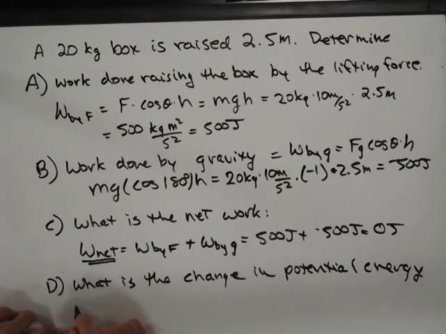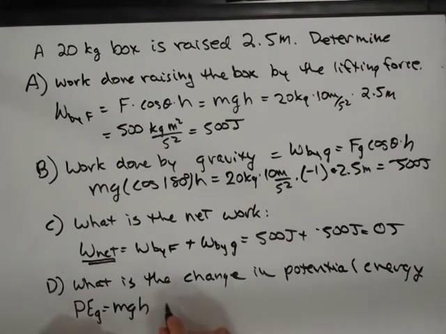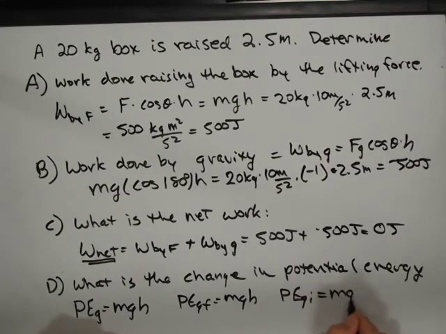Right? The potential energy due to gravity is mg times the height, right? And that h here is how high it is, and so PE due to gravity final is equal to mg times h. PE due to gravity initial is equal to mg times 0, because that's when it's on the ground.